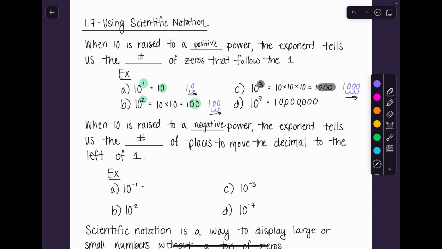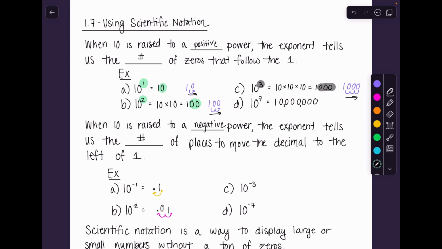So let's start with 10 to the first power. We write the 1, and typically our decimal would follow right after it. Now I'm going to move it to the left 1 space. So 10 to the negative 1 is the same thing as 0.1. 10 to the negative 2 would be, we write the 1, the decimal is normally sitting here, and we move it 2 spaces to the left.